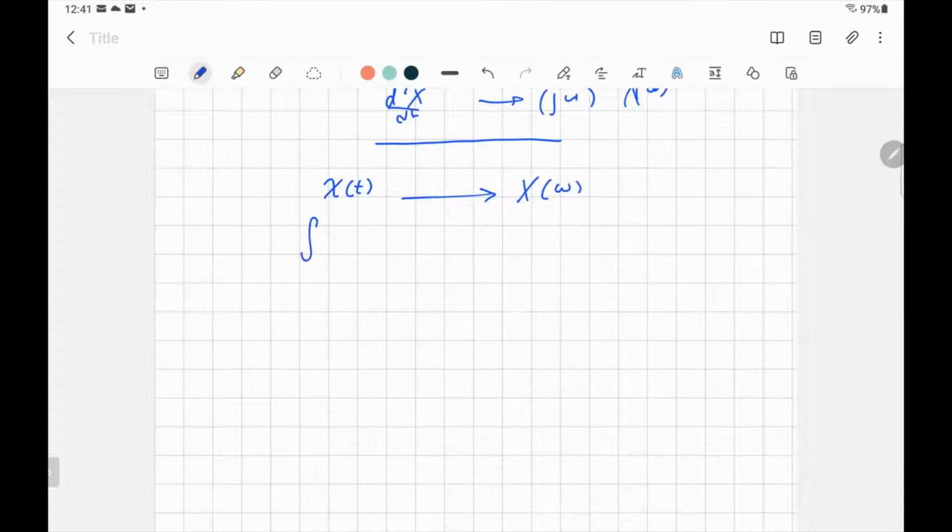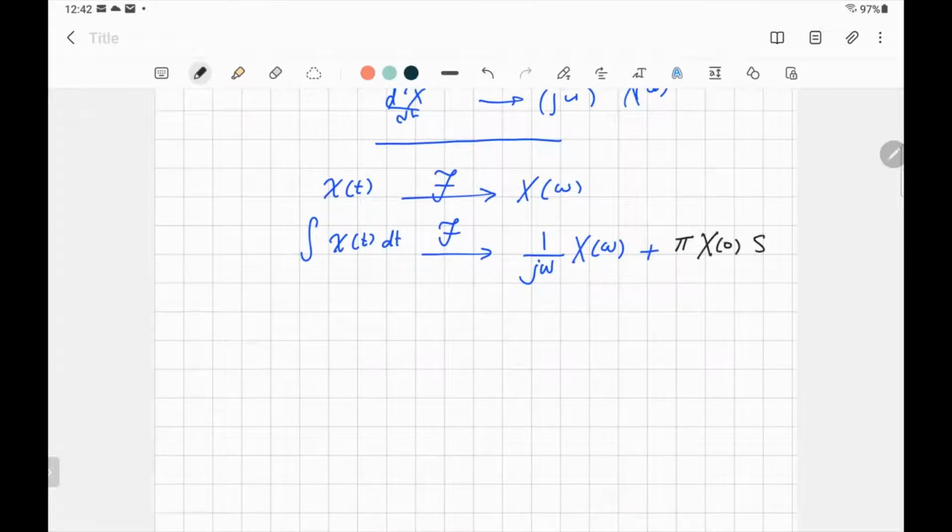If you want to integrate it 1 time and then find the Fourier transform, you will divide, instead of multiplying, by j omega, so 1 over j omega. That makes sense, because when you differentiate, you multiply by j omega, and when you integrate, you divide by j omega. Then you add an extra term for integration to make up for the initial condition of integration, which will be pi X of 0 times delta of omega.